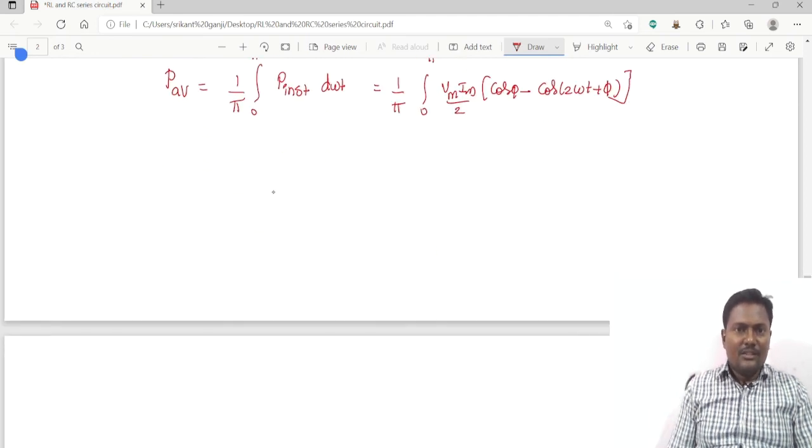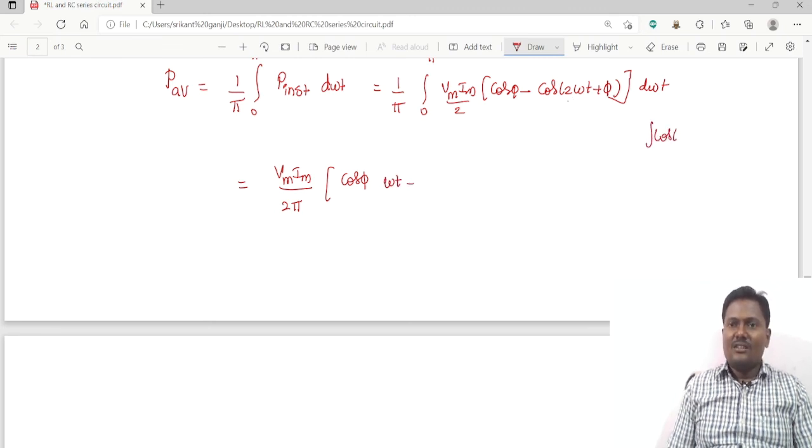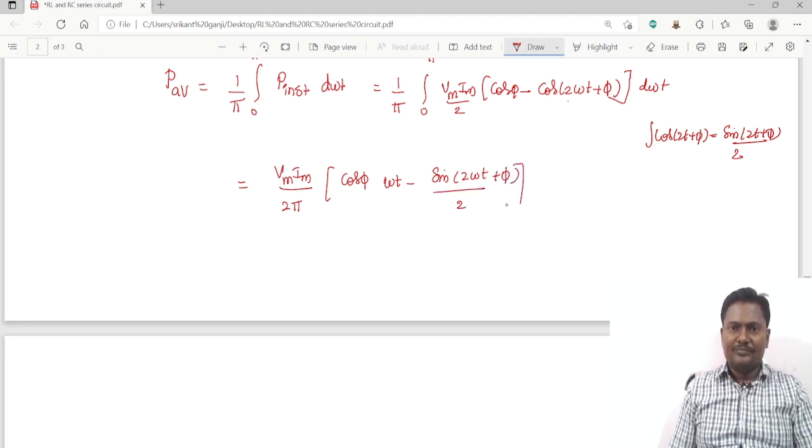So Vm Im by 2 is a constant. Vm Im by 2 pi, cos phi, integration of 1 is omega t only, minus integration of cos of 2 omega t plus phi, that should be equal to sine of 2 omega t plus phi divided by 2.